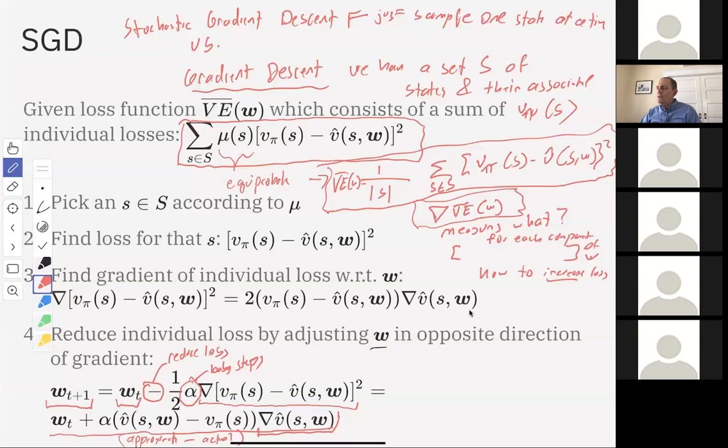So we just pick random states and update them. And in our case, what that's going to look like is as we're calculating new value functions for states, we'll just say, okay, feed that into the approximation function. And then as we get another one, feed that into the stochastic gradient descent. And another one, feed that into the stochastic gradient descent. So we'll continually be updating the weights. Concept makes sense?